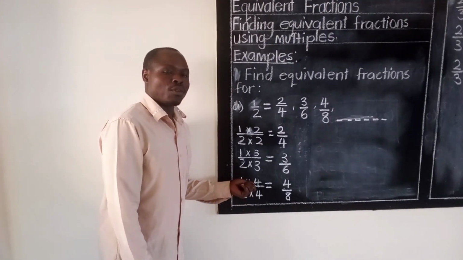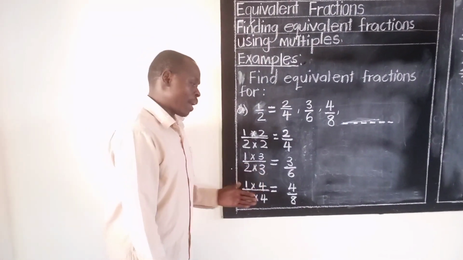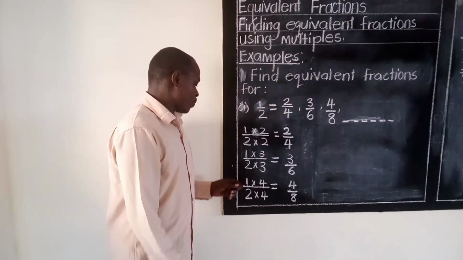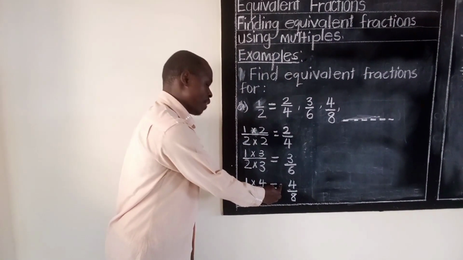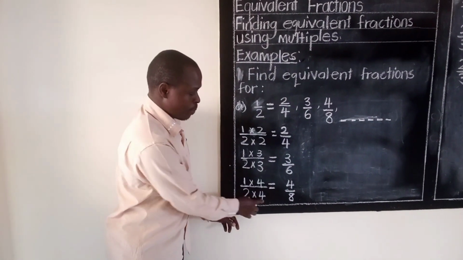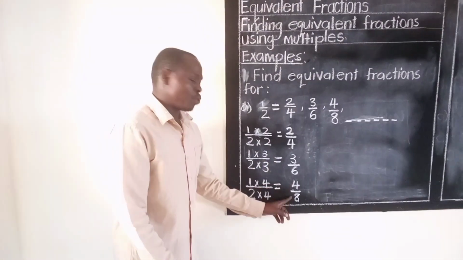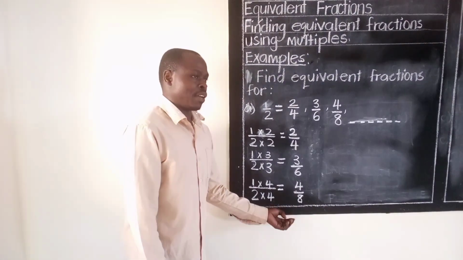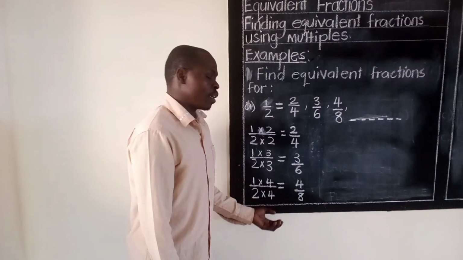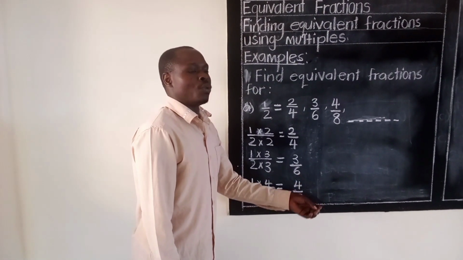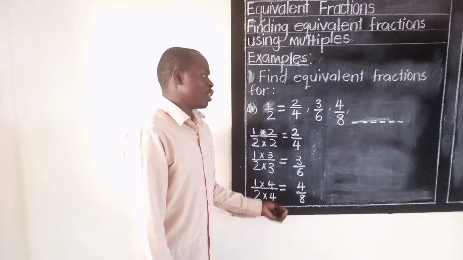The next factor after 3 is 4. Multiply through a half by 4. 1 times 4 gives us 4. 2 times 4 gives us 8. That means that 4 out of 8 is the next equivalent fraction. The equivalent fractions shall continue. They will not have a limit.